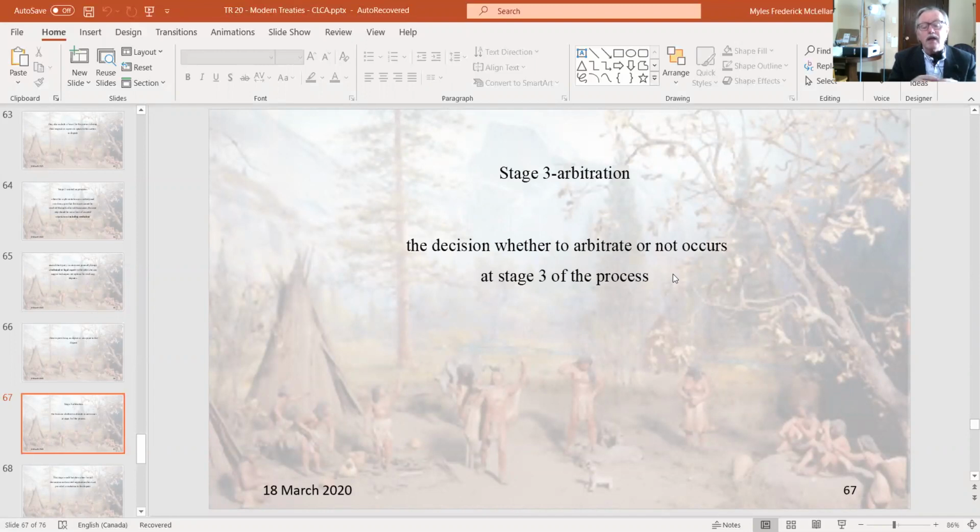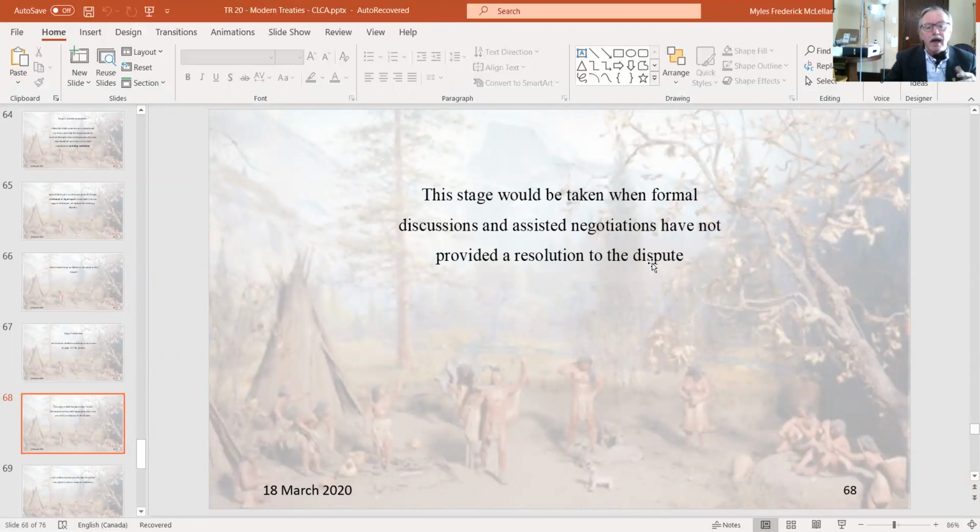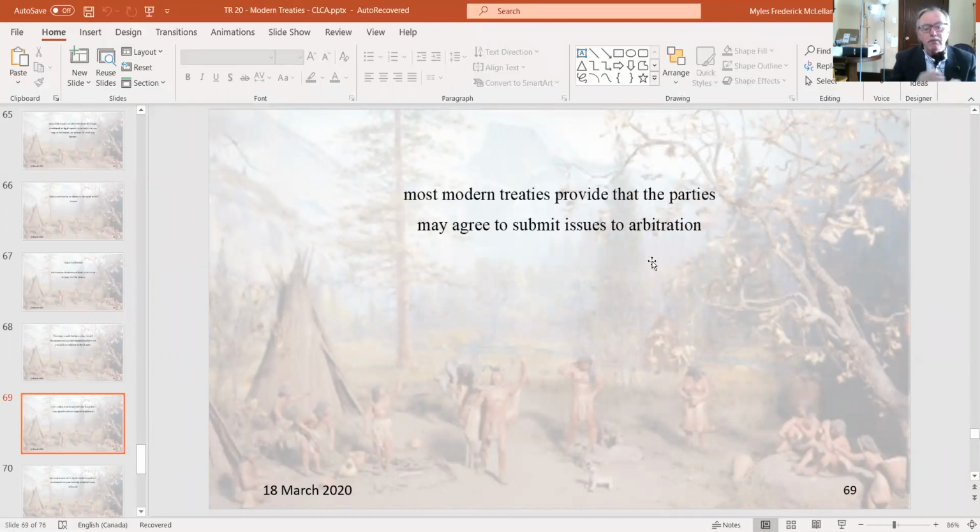to their problems, then stage 3 is arbitration. Right, so this decision whether to arbitrate occurs at stage 3, and this is very much a formal discussion where negotiation has failed. And so most modern treaties provide that the parties can submit their issues to arbitration, so that'll be contained in an appendix to the agreement itself.